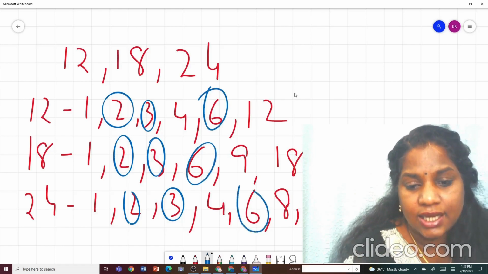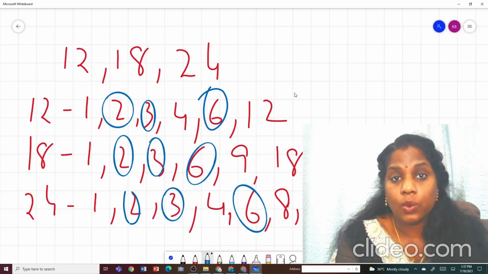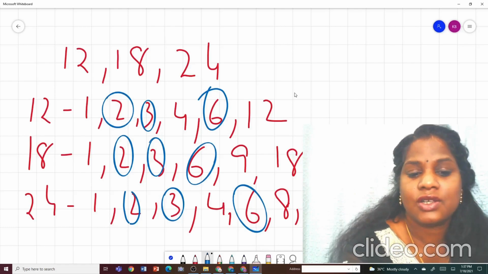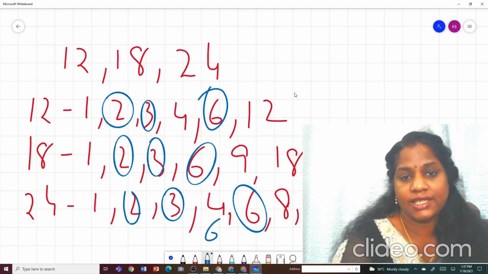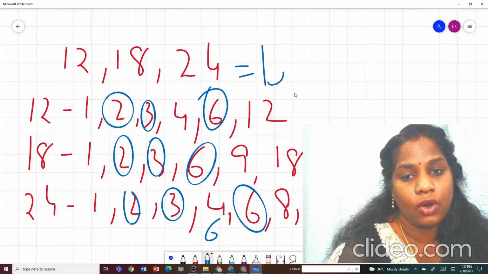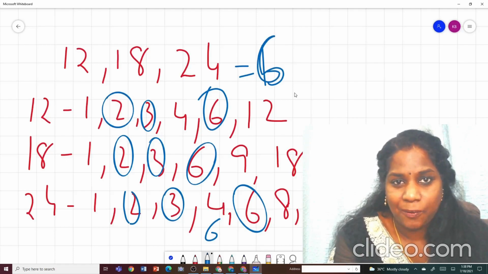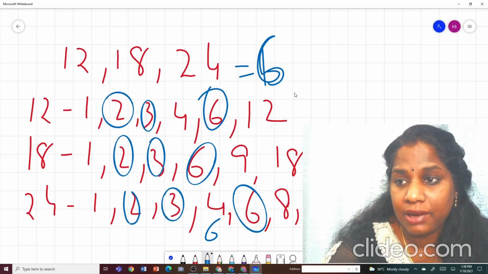Now in these numbers, 1, 2, 3 and 6, which is the highest common factor? 6. So 6 is the HCF of 12, 18 and 24. Easy. This is the common factor method. You do it one by one.